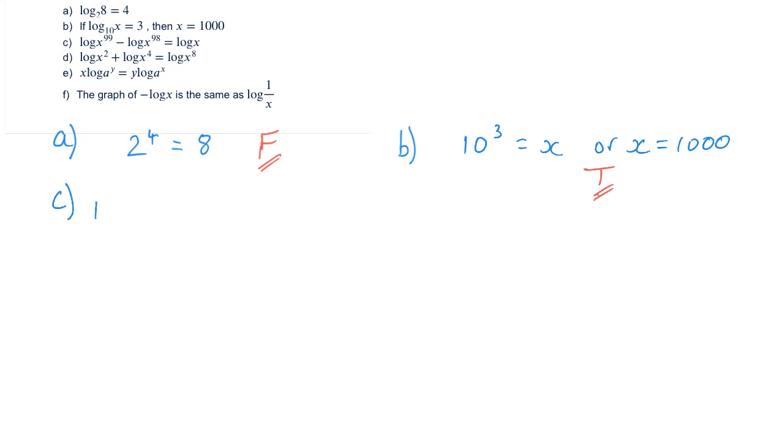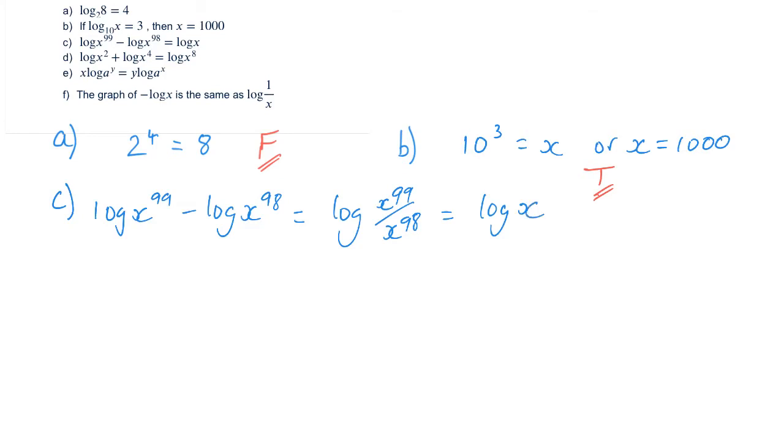In part C, if we consider the left-hand side of the given equation, we can simplify this using the subtraction law for logarithms. This gives us log of x to the 99 over x to the 98, which in fact is the log of x. And so this is clearly true.